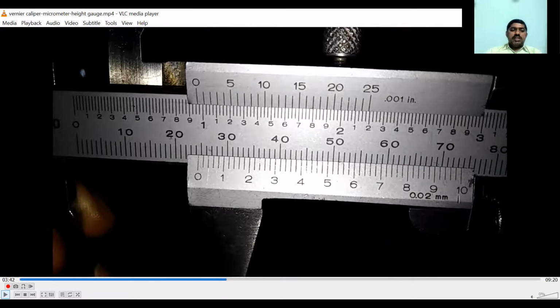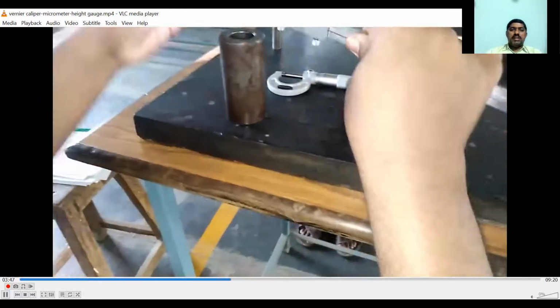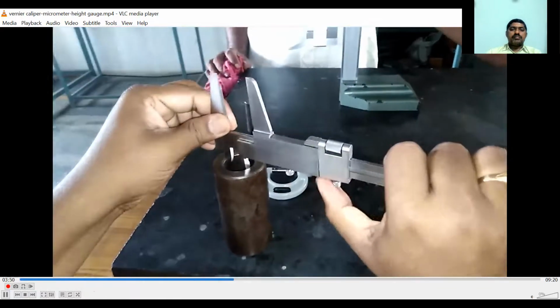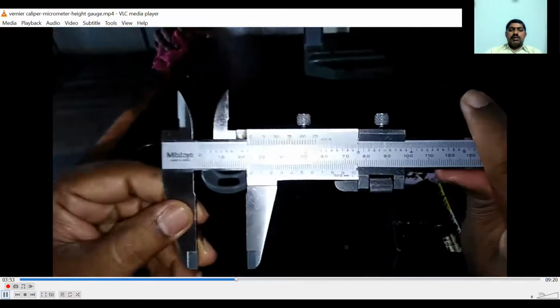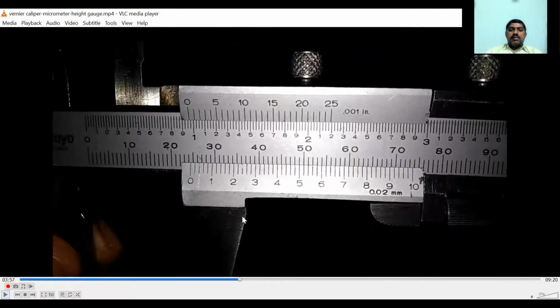Again, we will change the position of the workpiece and take the measurement for the inner diameter of the workpiece. We will repeat this procedure for at least 4 to 5 readings, and then we will take the average. Again, it is in between 24 and 25.